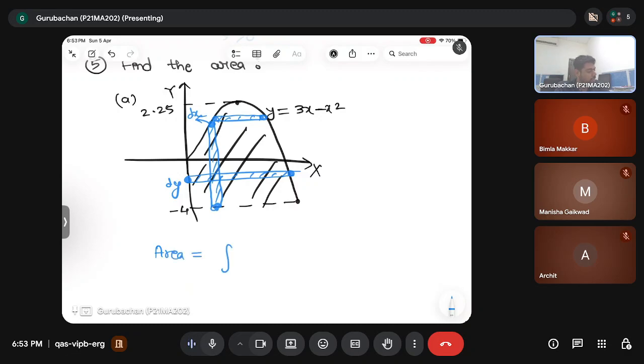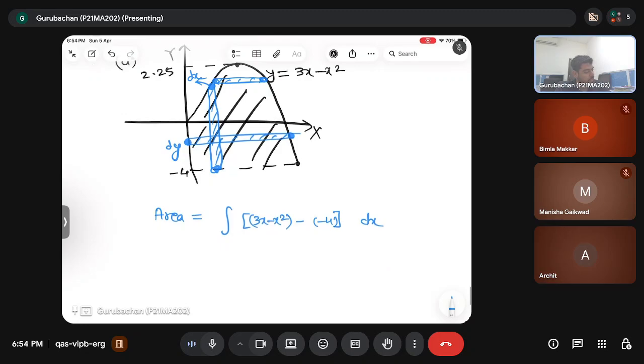So what is the upper curve? Sir, y equal to 3x minus x square. Upper curve minus lower curve. What is the lower curve? y equal to -4. And what is the value of x? It is starting from 0 and where is it going?